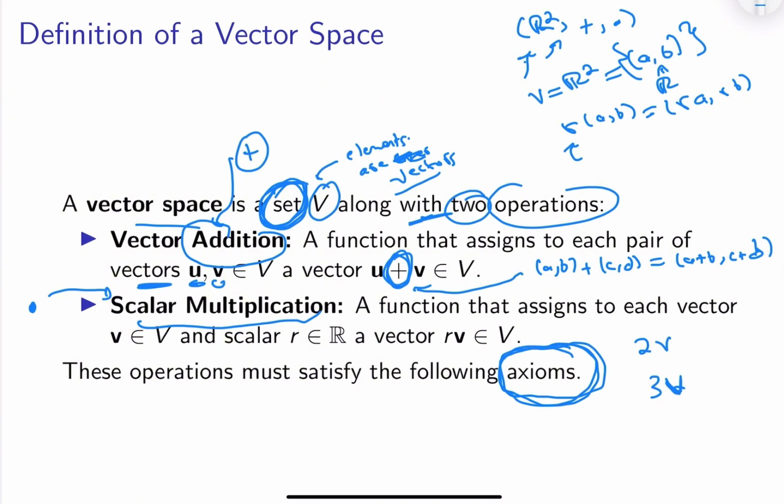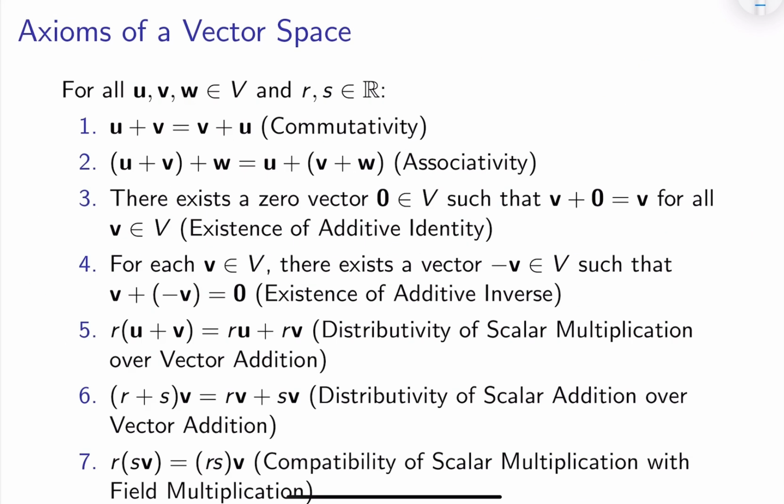So again, what's the setup? We have a set, a way of adding two vectors, and a way of multiplying a vector by a scalar, by a number. So what are the properties that a vector space should satisfy? These are the things you expect.